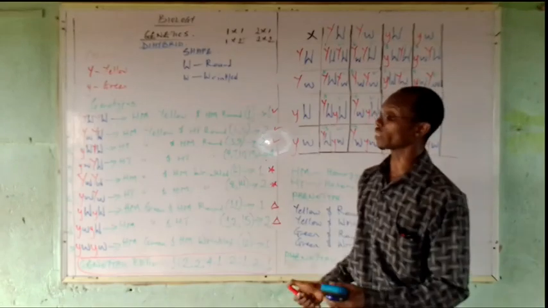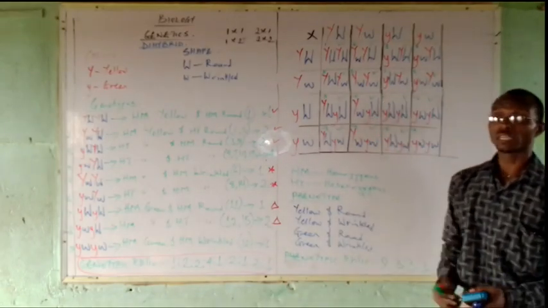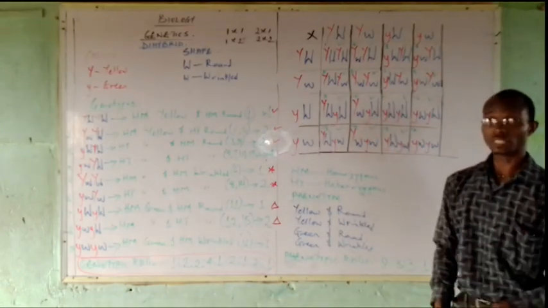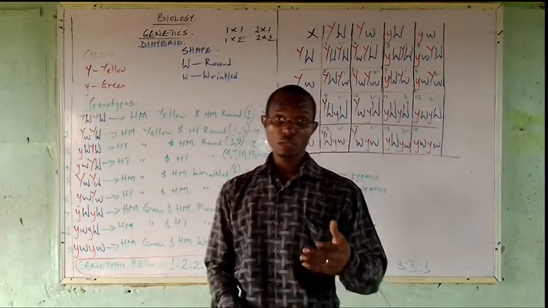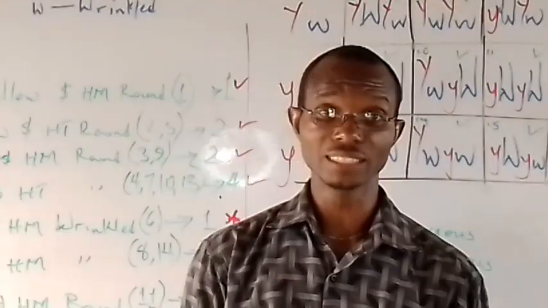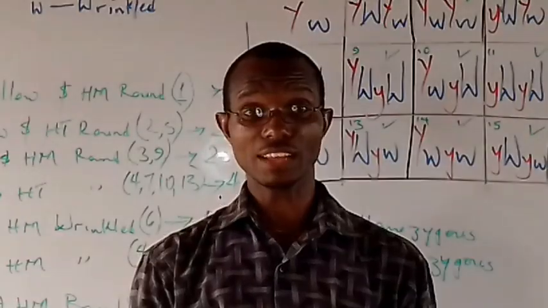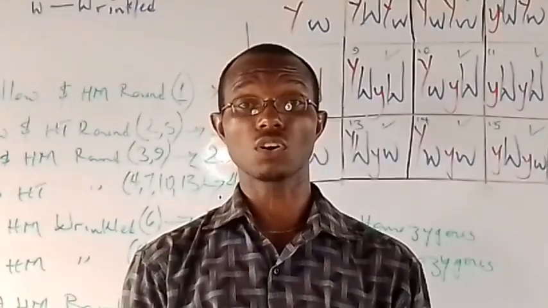So this is as far as we can come in this particular topic. I want to believe that we are able to get one or two things from it. Please do well to go through it again. Try as much as possible to understand all that has been discussed.